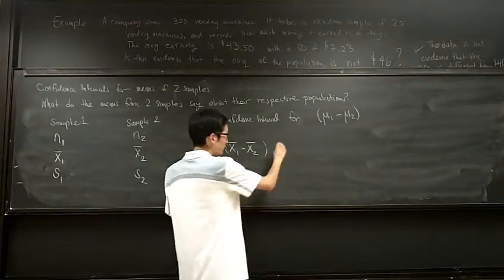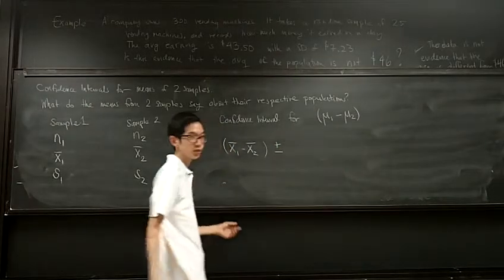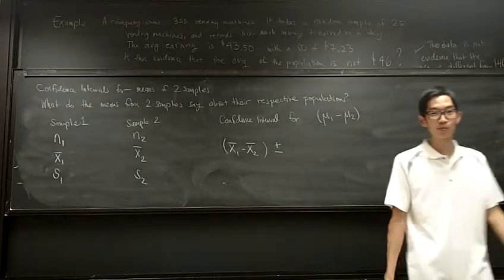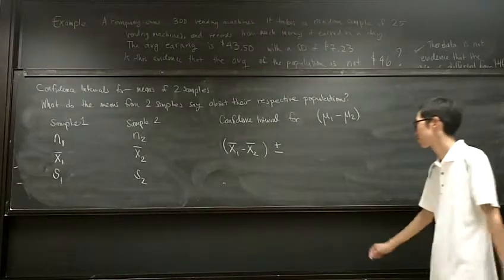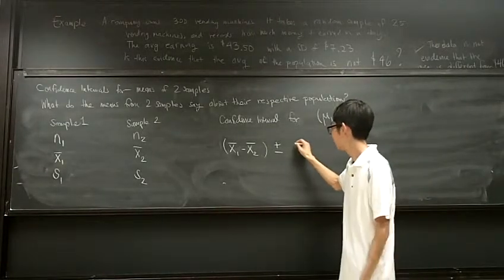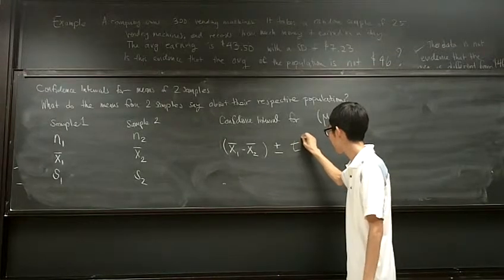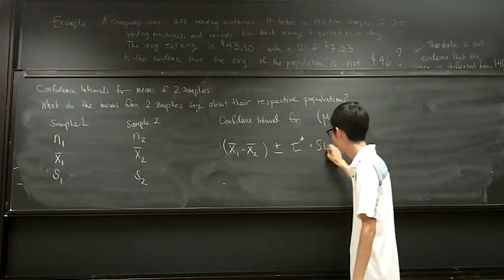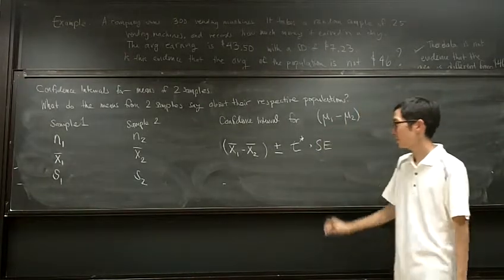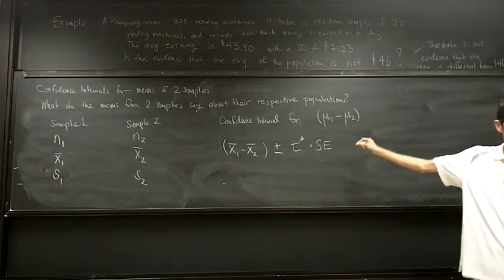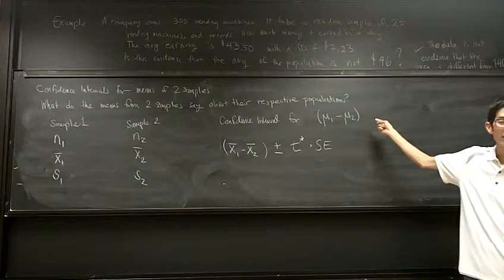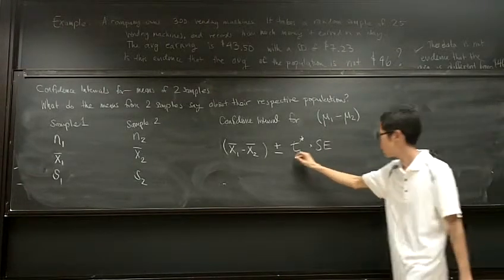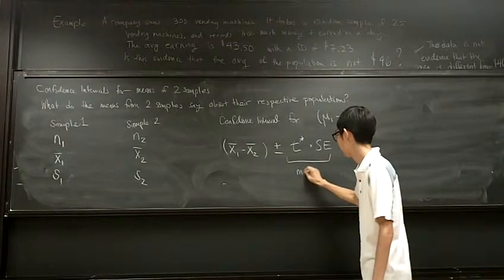And we're going to go plus or minus the margin of error. What do you think our margin of error is? S1 minus S2? No, we're going to do t star times the standard error. This part looks familiar, right? It's just like before. T star times the standard error, we still call this the margin of error.